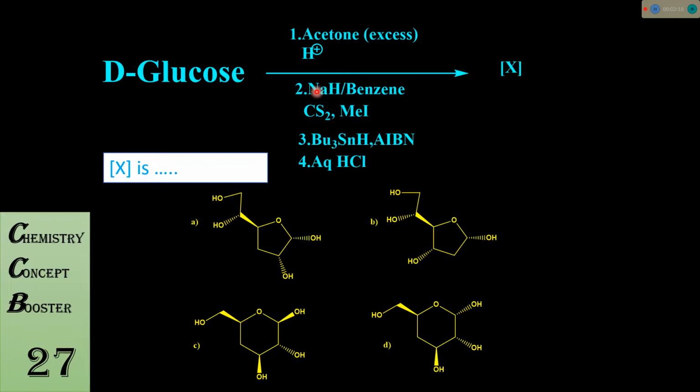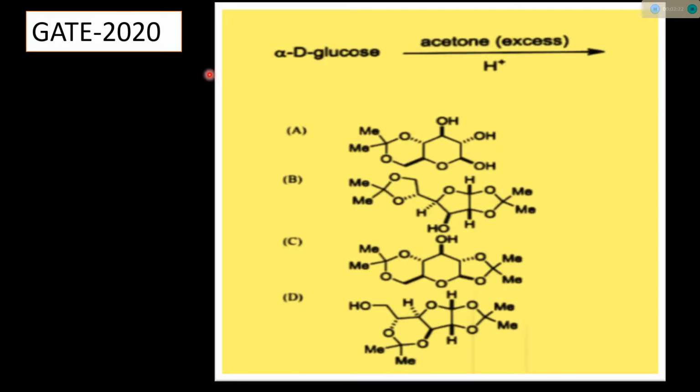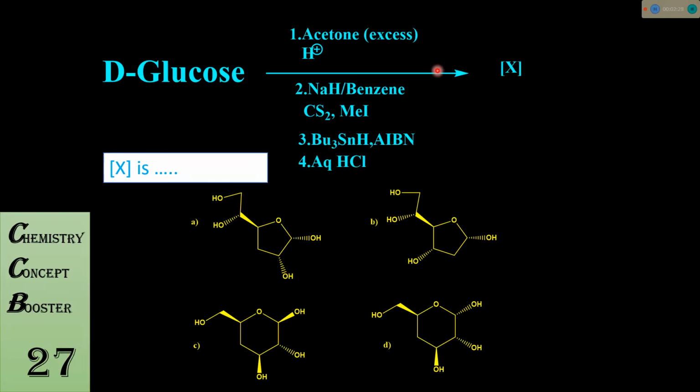So let's start. The question asked in GATE 2020 was only D-glucose, acetone, H plus. We set the same question using two more reagents.